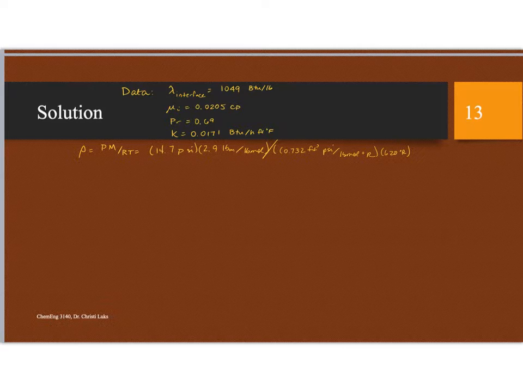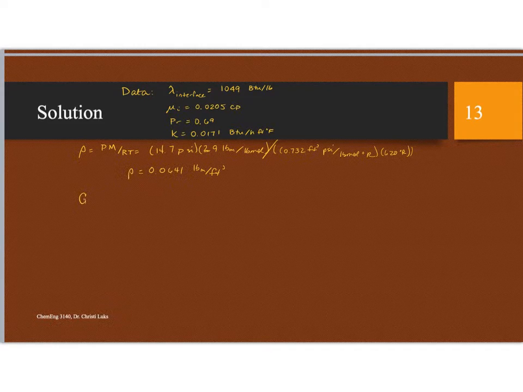So our pressure is 14.7 psi, molecular weight 29 pounds mass per pound mole, and then we'll divide this by R, 0.732 cubic feet psi per pound mole degree R, and 620 degrees Rankine. And so the density is 0.0641 pounds mass per cubic foot.